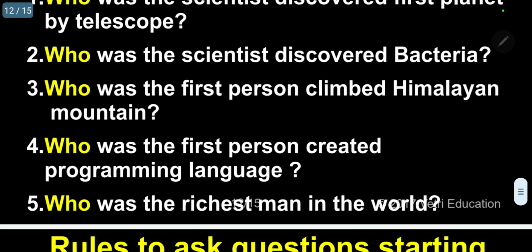In this case, was is the helping verb, created is the main verb. Who was the richest man in the world? Here, the past tense was is acting as a main verb. There is no V3 verb, so it is acting as a main verb.